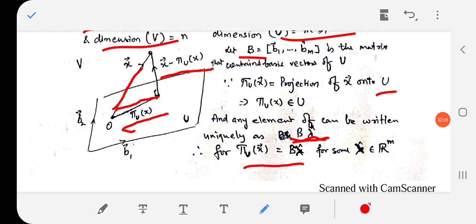There is another beauty in this orthogonality: if you take projection along two orthogonal complementary subspaces, then the addition of the two projections will give you the original vector. But in case you do not take orthogonal subspaces, then it is quite possible that you will not get the vector just by adding the two projections.